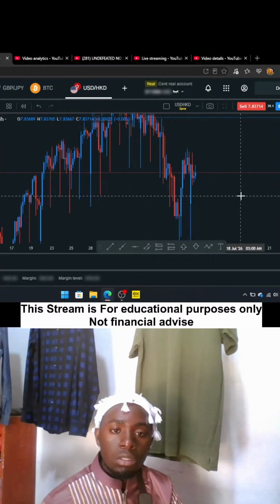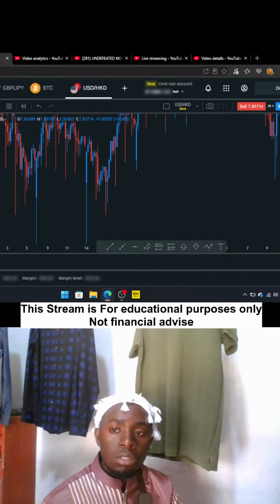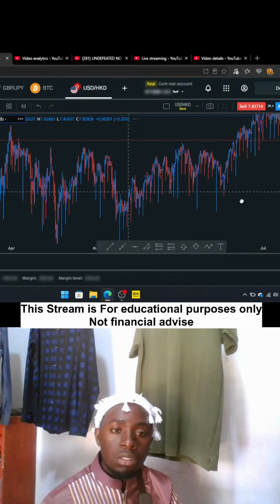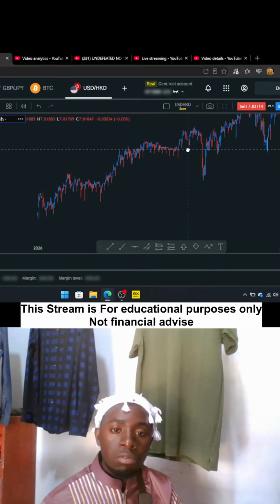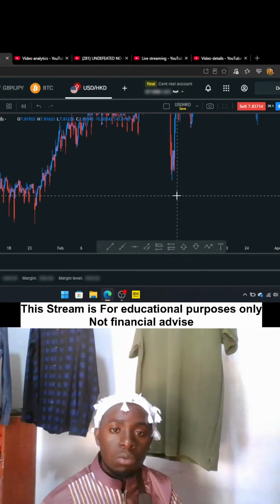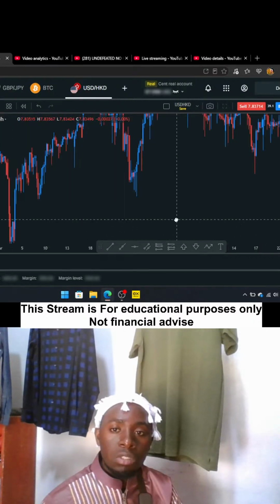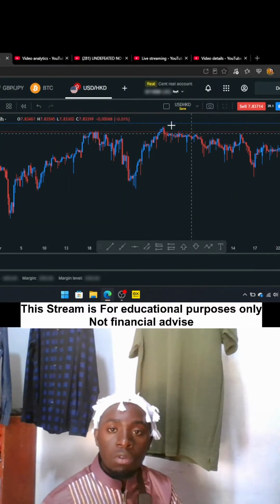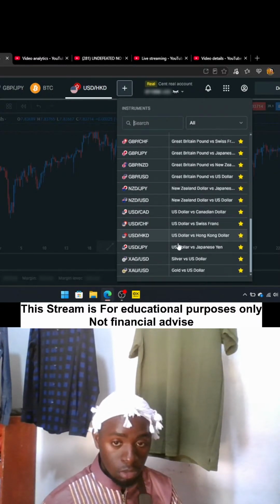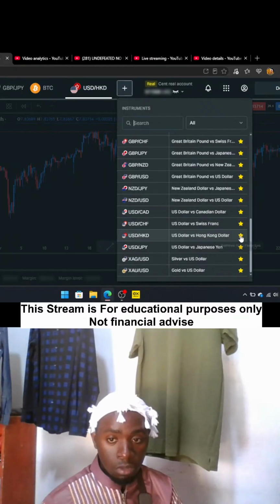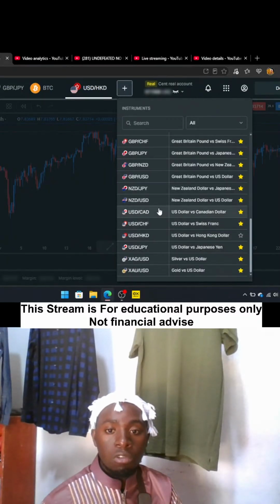Oh man, this is some kind of weird movement. I don't think this will be among my favorite pairs to trade because, what? Which kind of wicks are those? I guess I'm going to remove this from my favorites.